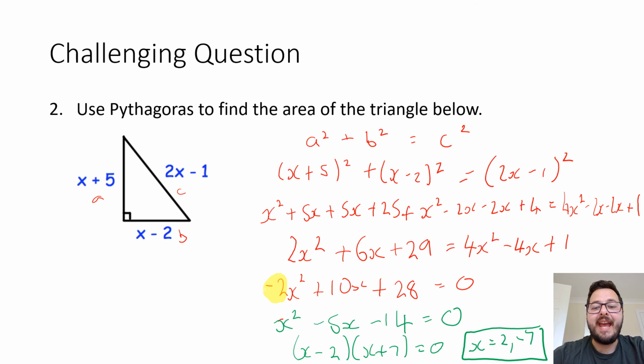Now think again like we did before about the actual situation. X is either 2 or minus 7. Now it can't be minus 7 because if you think about this side on its own, if it was minus 7, you'd have minus 7 minus 2, you'd have a length of minus 9, which makes no sense. So x has got to be 2.